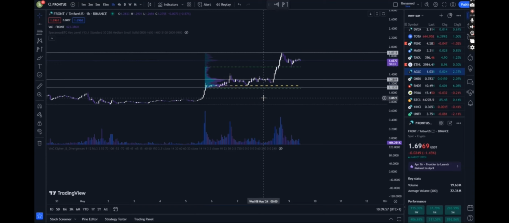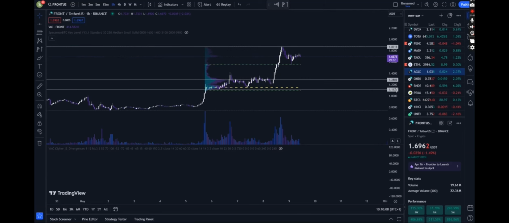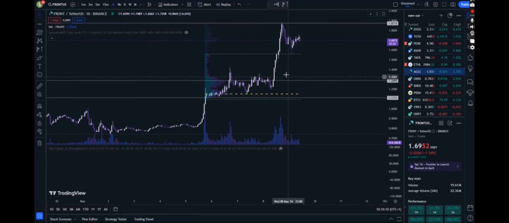So can you see here? We're trading above the value area high at the minute, even just using a fixed range volume profile. But yesterday when people had orders set around here, I would have set up an order around here as well. But I'd have waited to see what sort of reaction we had here.